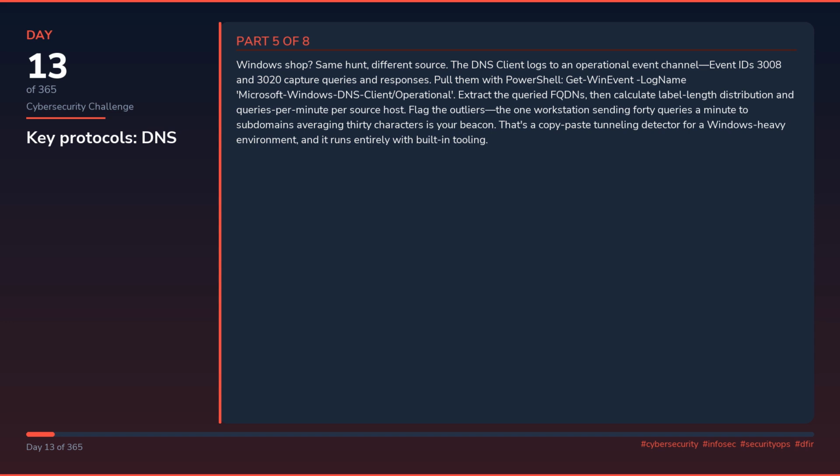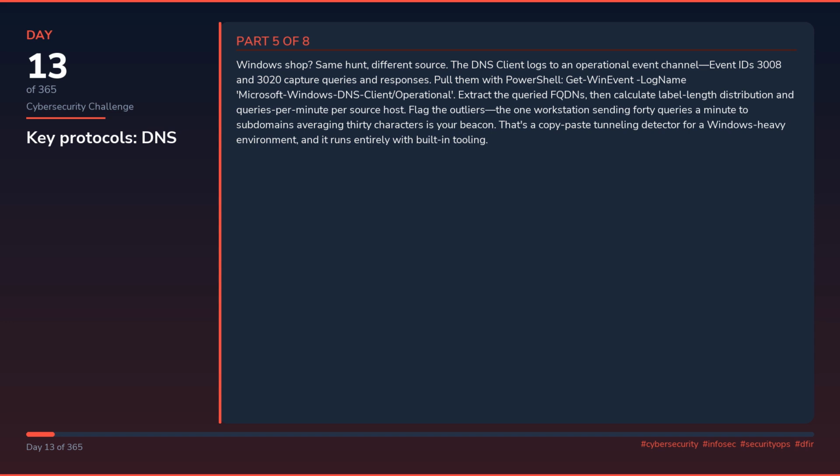Windows shop? Same hunt, different source. The DNS client logs to an operational event channel, event IDs 3008 and 3020 capture queries and responses. Pull them with PowerShell, Get-WinEvent, log name Microsoft-Windows-DNS-Client/Operational.